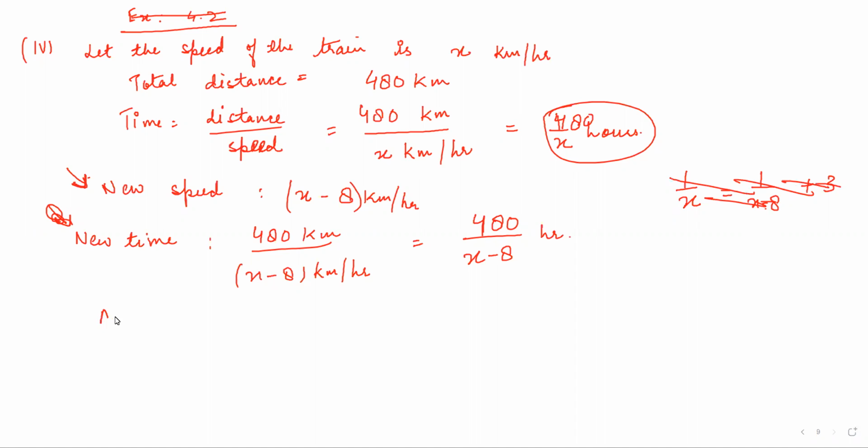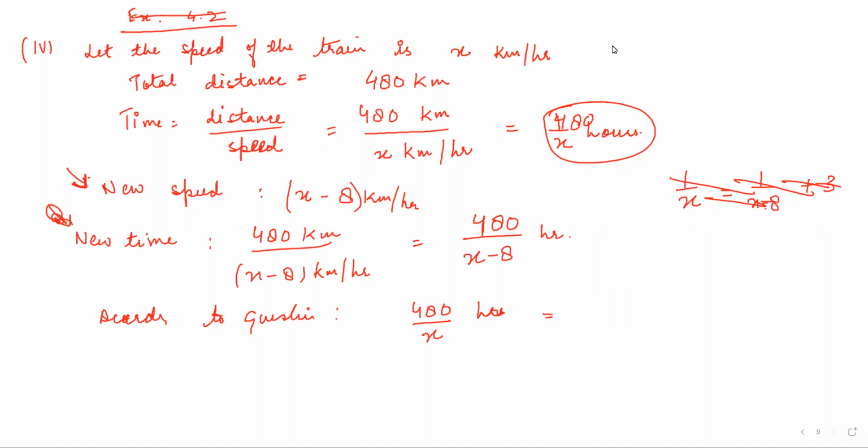Okay. So now what the question is saying is that if the speed had been 8 kilometers less, then it would have taken 3 hours more to cover the same distance. So earlier the time taken was 480 upon x hours, right? Now, this time taken will be equal to this.